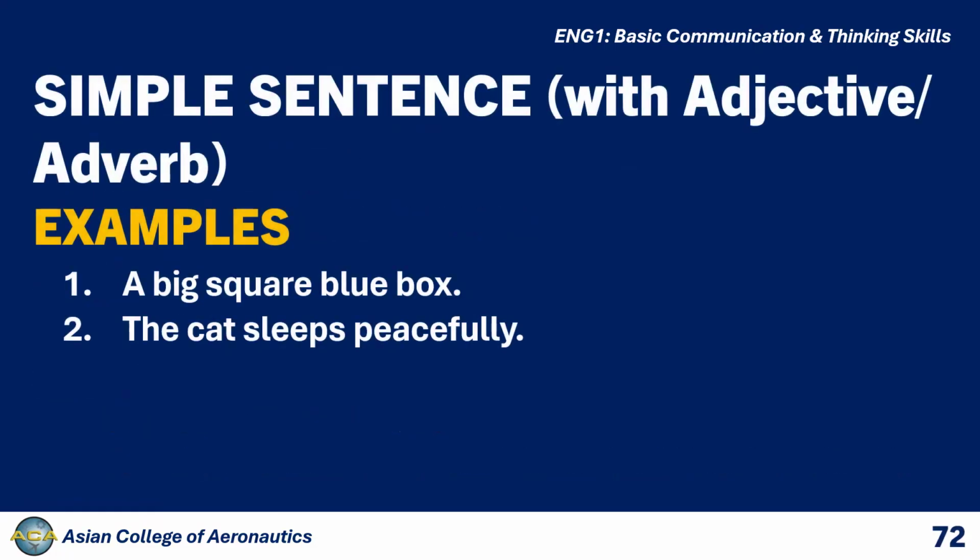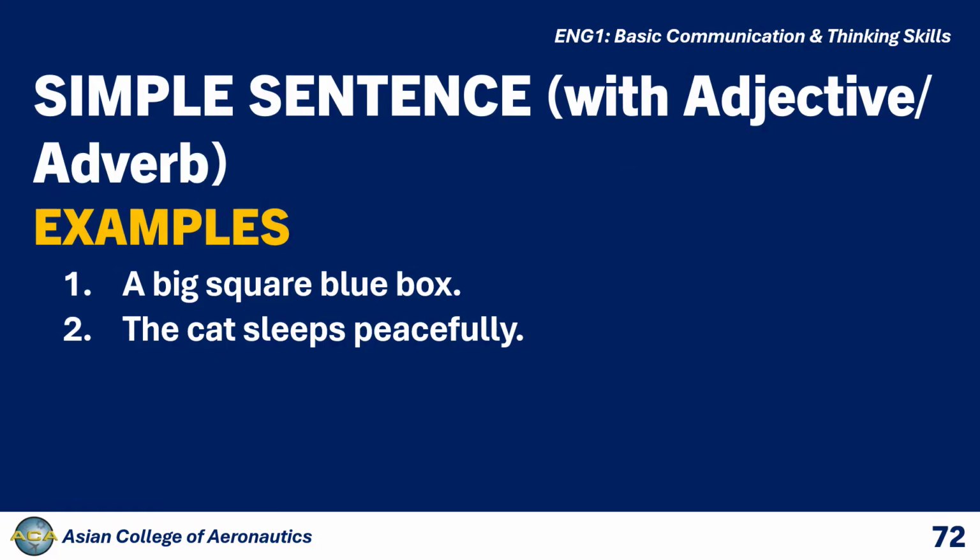Okay, let's proceed more with our examples with regards to adjectives and adverbs. A big square blue box. Okay, now what is our topic? What is our subject? What is the noun? It is a name of a thing, which is the box.